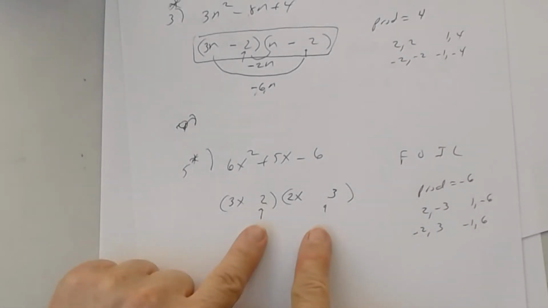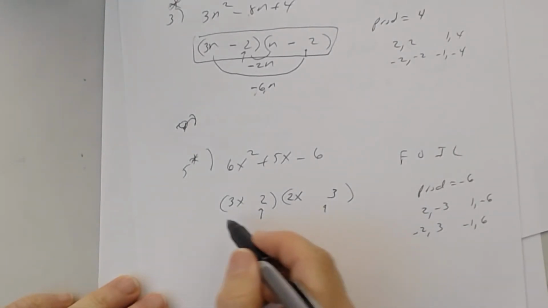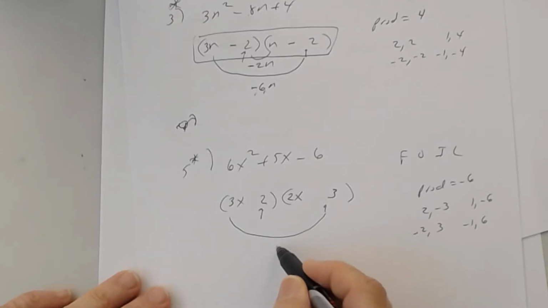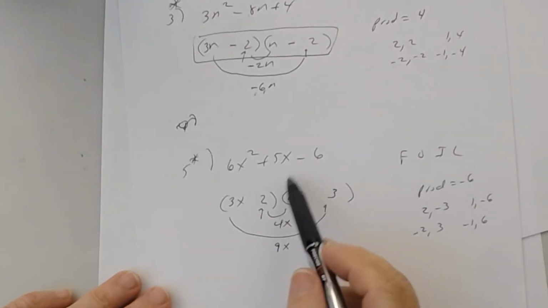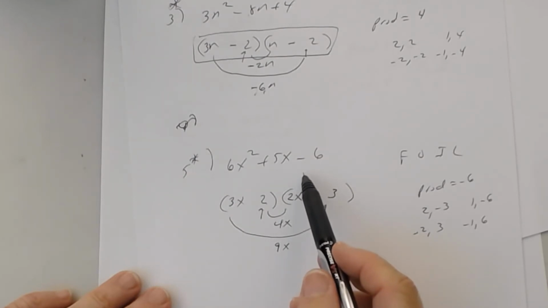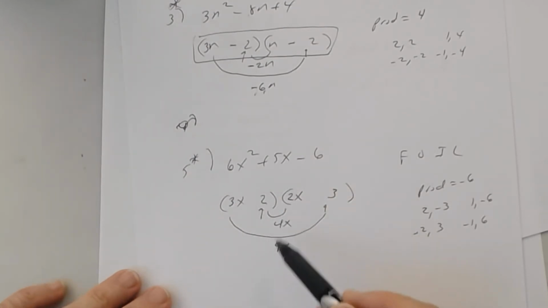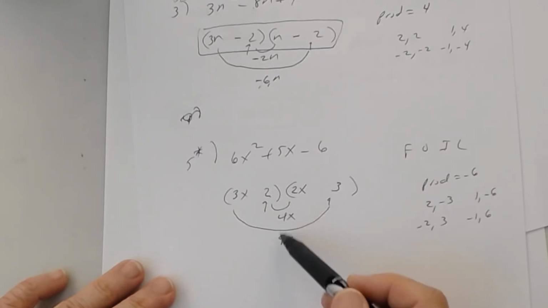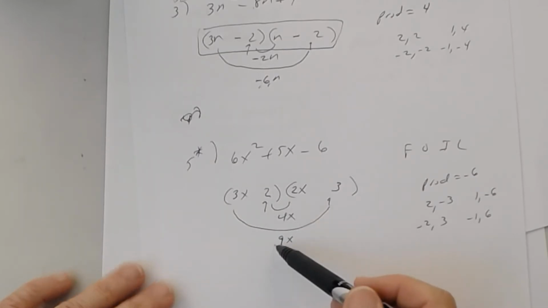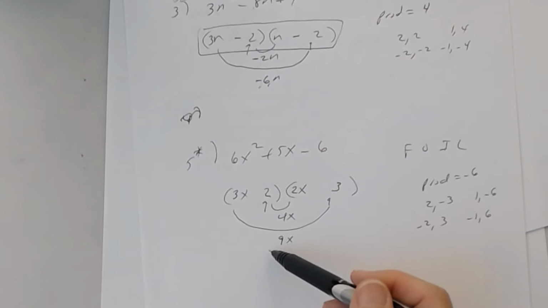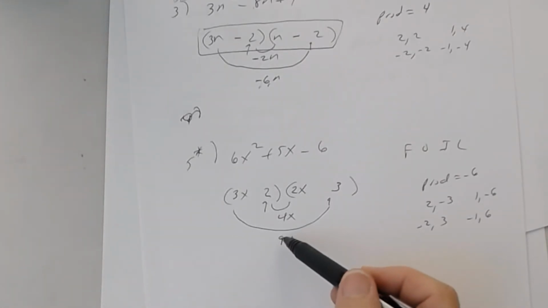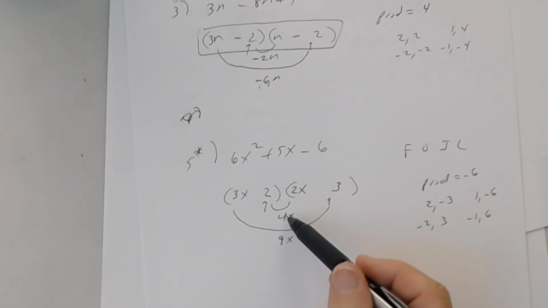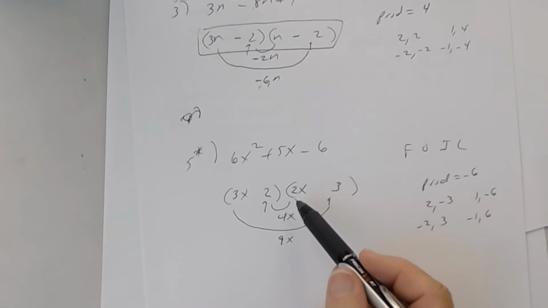Notice I didn't put any signs yet, right? Okay. Now let's do the outer. What's the outer? 9x. What's the inner? 4x. Okay, now the last sign's negative. That means these two signs right here have to be what? Different. So if they're different, you are really subtracting. If they're the same, you're doing what? Adding. So if I subtract these two, what's 9x minus 4x? 5x, right?